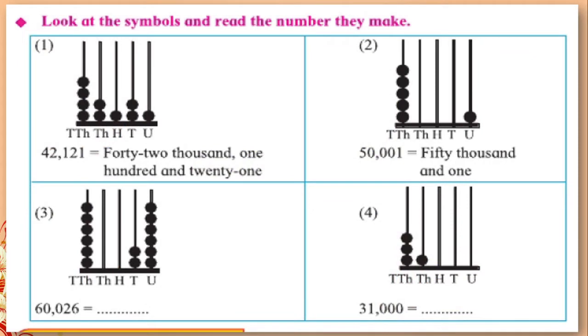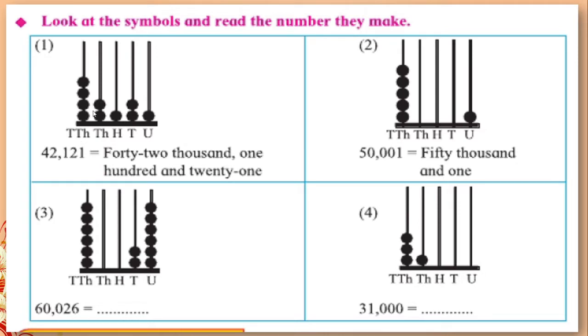Dear children, look at the symbols and read the number they make. In the first picture you can see the beads in different places. This is unit place, tens place, hundreds place, thousands place and 10,000s place.